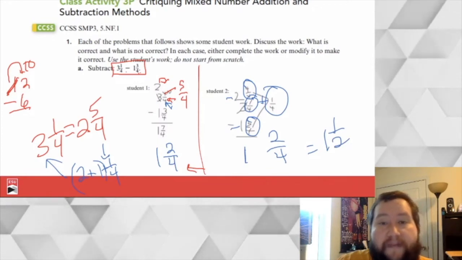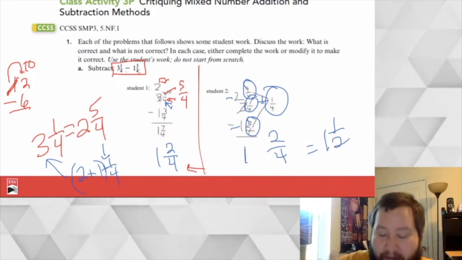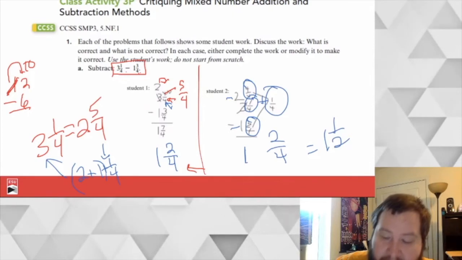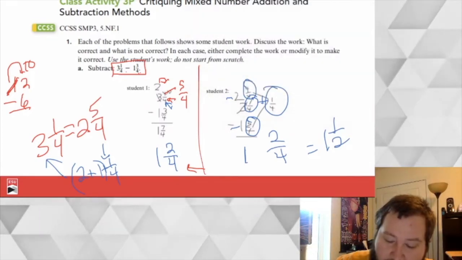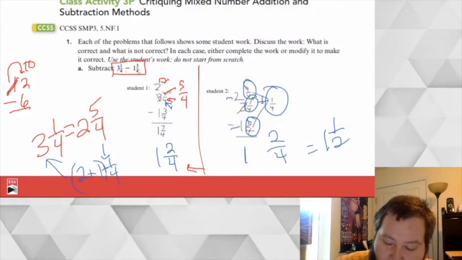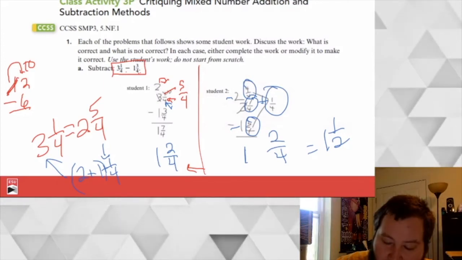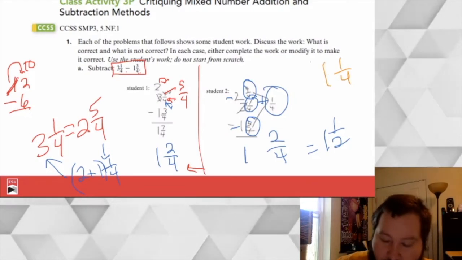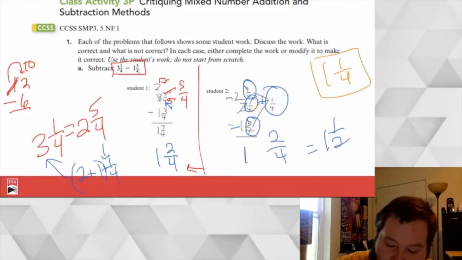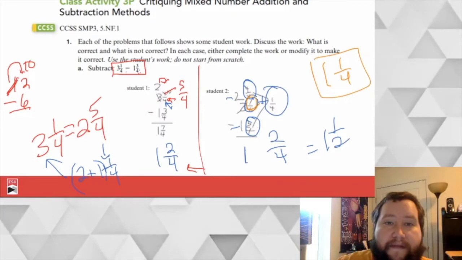And so that student was headed down the right track, but we just need to be careful of, it could have very easily gone the route of, and this would be incorrect, so I'm going to use orange. It could have easily gone the route of 4/4 minus 3/4 is 1/4, and 2 minus 1 is 1, and we get 1 1/4, and they could have very easily lost this quarter that was there to begin with.